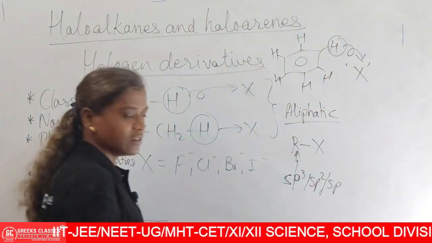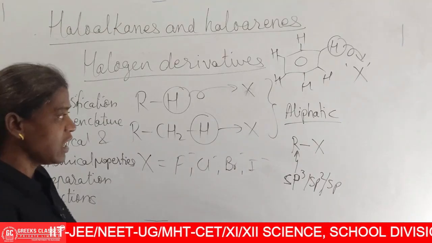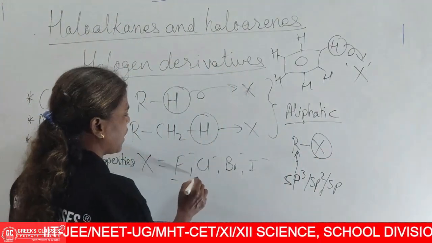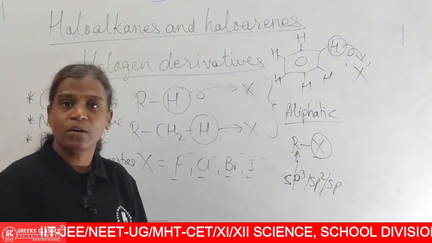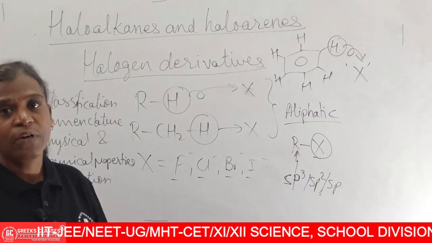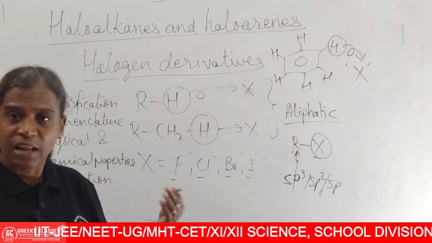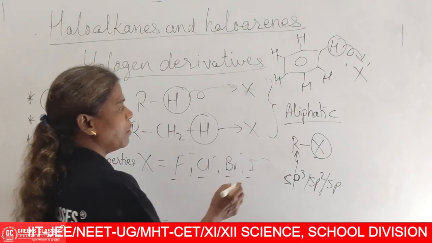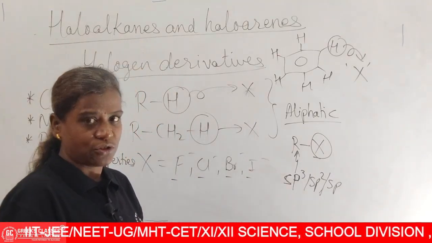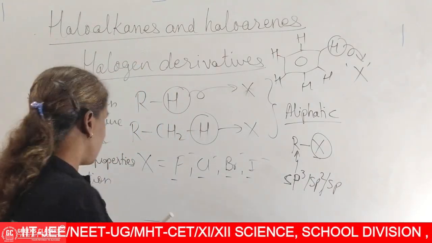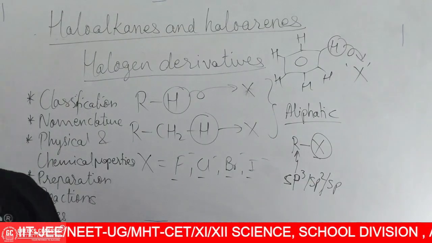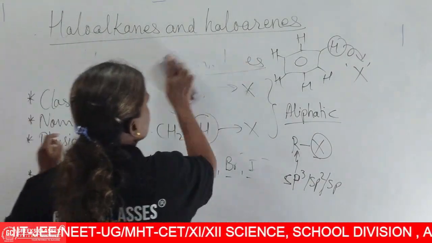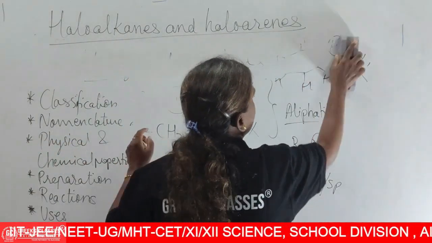Based on that the classification begins, and also this alkyl can carry either fluoride, chloride, bromide or iodide, so accordingly we have another class of haloalkanes. And then we can also classify depending on the number of halogen groups attached. So accordingly the classification will be. Let us study one by one. Now we will focus on their classification.